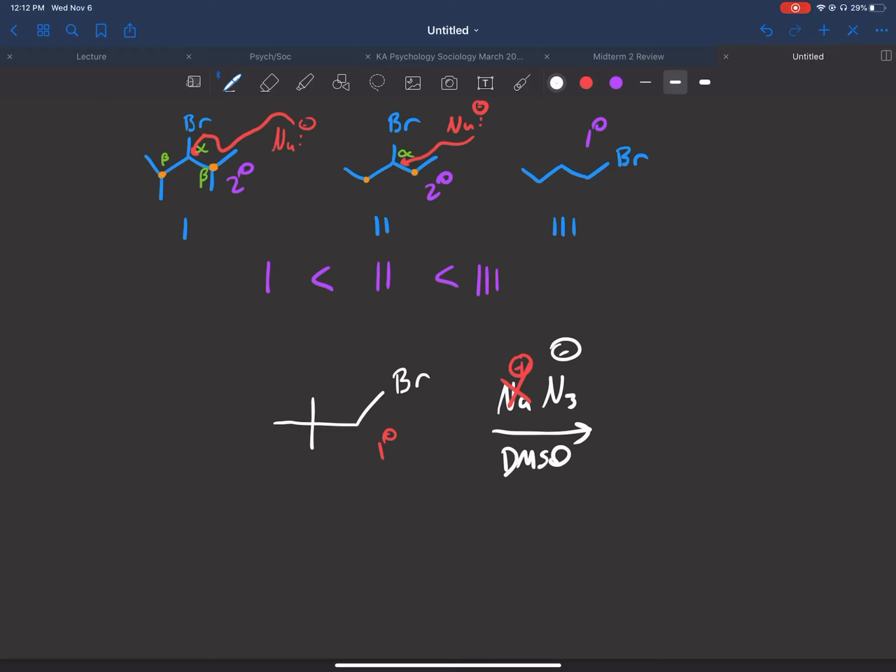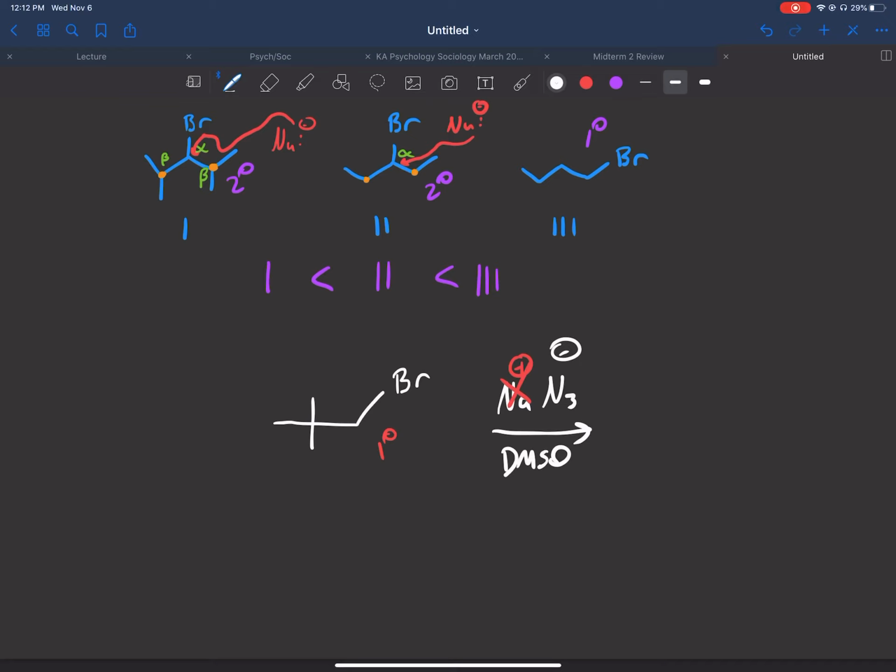Well, you can see that we have a primary leaving group, so already we can eliminate E1 and SN1. So now we have to decide between E2 and SN2. Now, remember, SN2 increases with the less stuff we have around our leaving group, right? So this is a primary, right? So you would think it's in a really good position to do SN2.